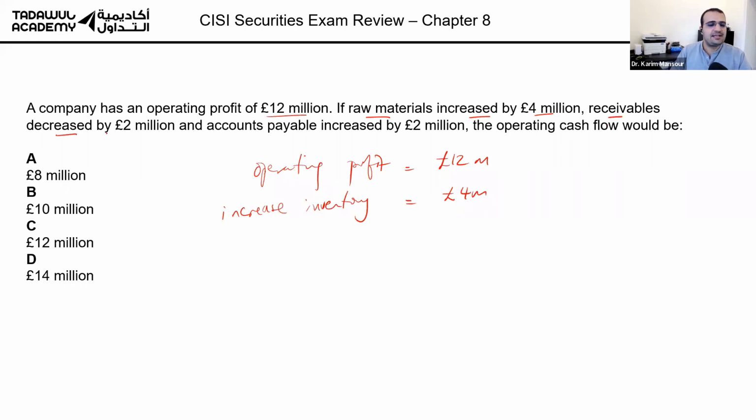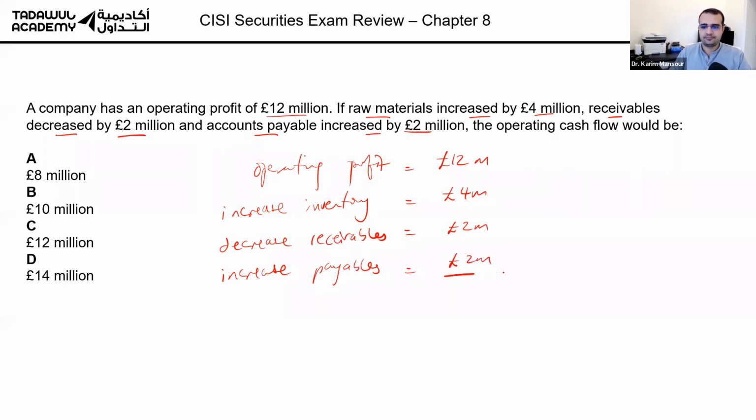Receivables decreased by 2. There has been a decrease in receivables in the amount of 2 million. And the payables increased by 2. And there has been an increase in payables of 2 million. What is the operating cash flow?